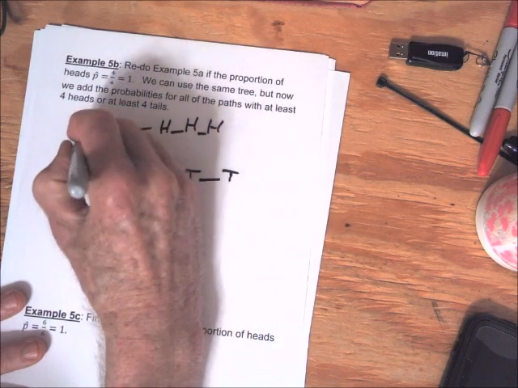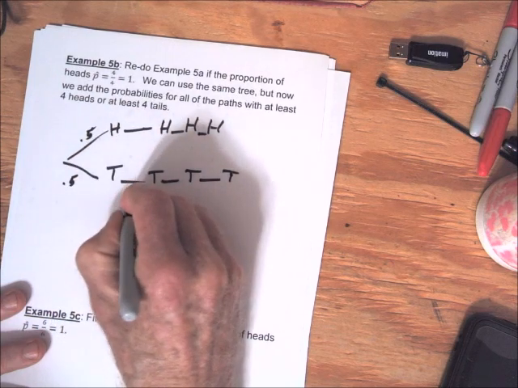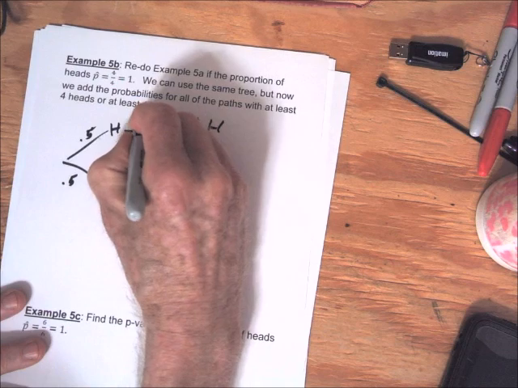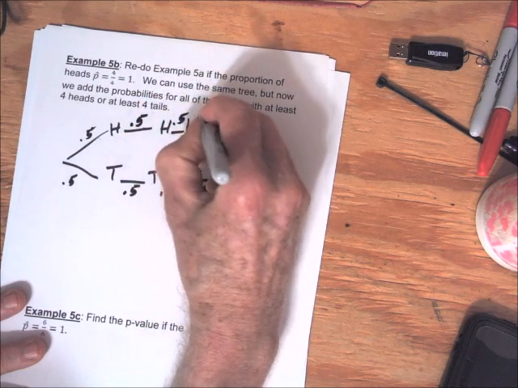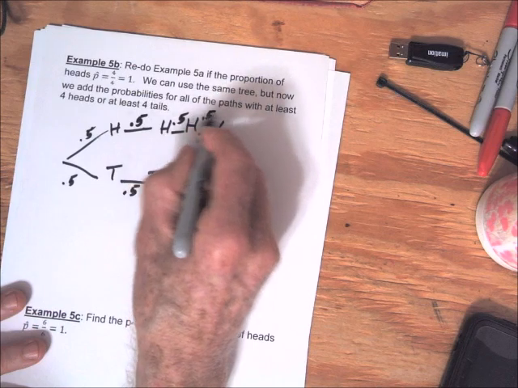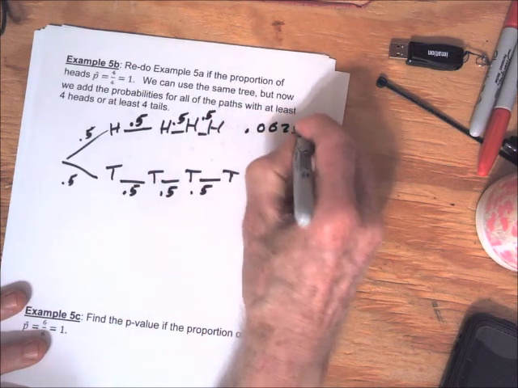So the probabilities are all 0.5. You don't really have to write them down because they're all the same, but I'll write them down here. And if you multiply straight across, 0.5 times 0.5 times 0.5 times 0.5, 0.0625.